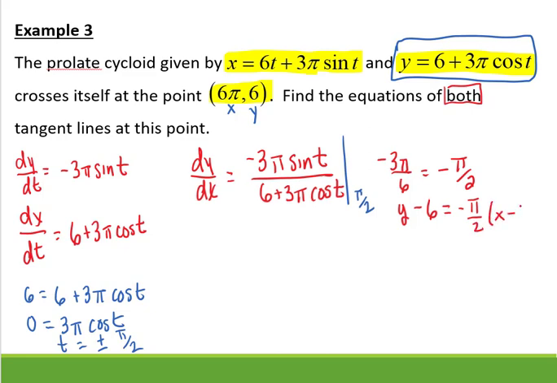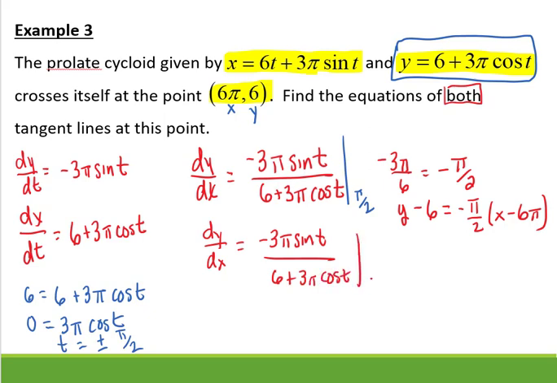Now if I evaluate dy/dx, which is this quantity, at t equals negative pi over 2, I plug in negative pi over 2. Sine is negative, so that turns into a positive 3 pi.